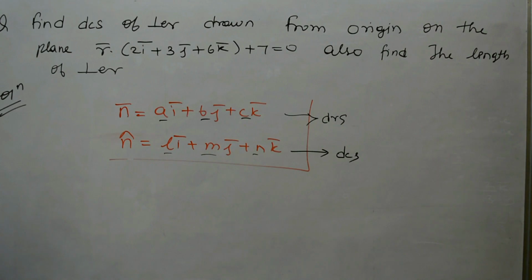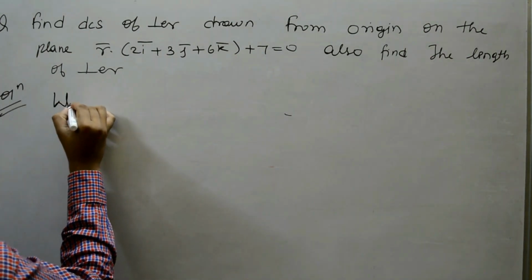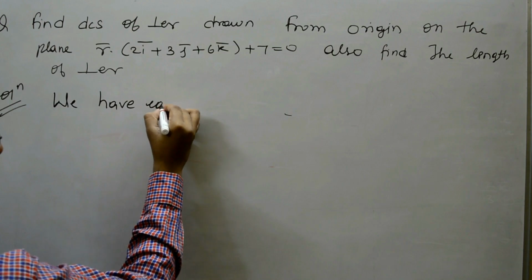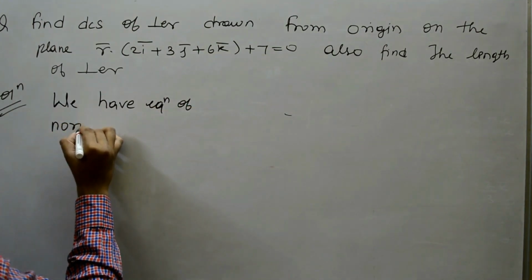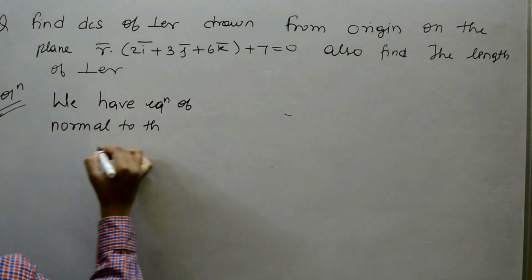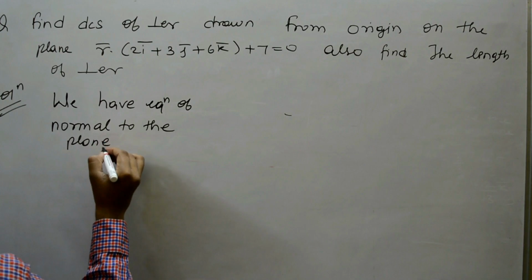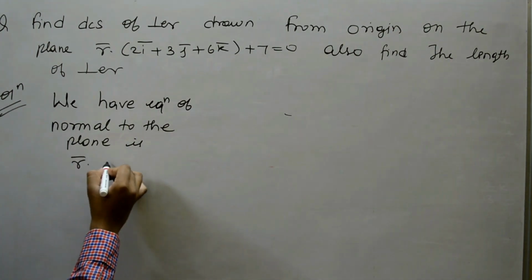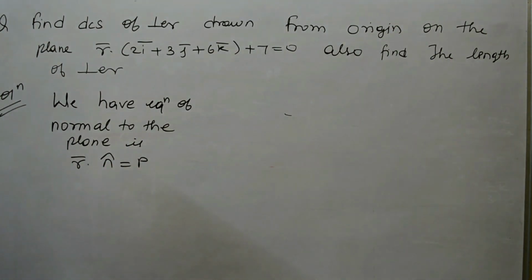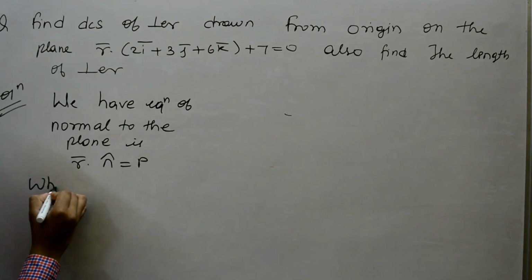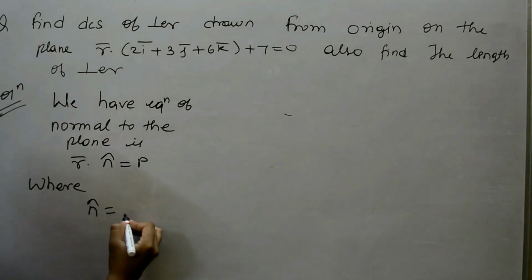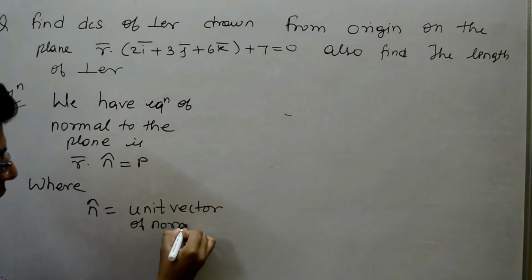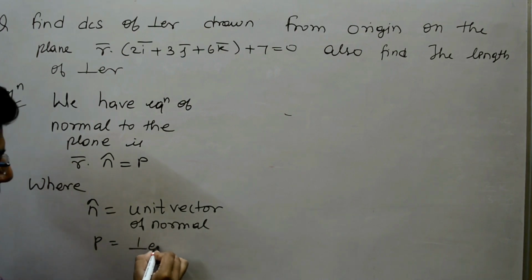So the solution will be, we have the equation of normal to the plane is r bar into n cap is equal to p, where n cap is equal to unit vector of normal and p is the perpendicular distance.